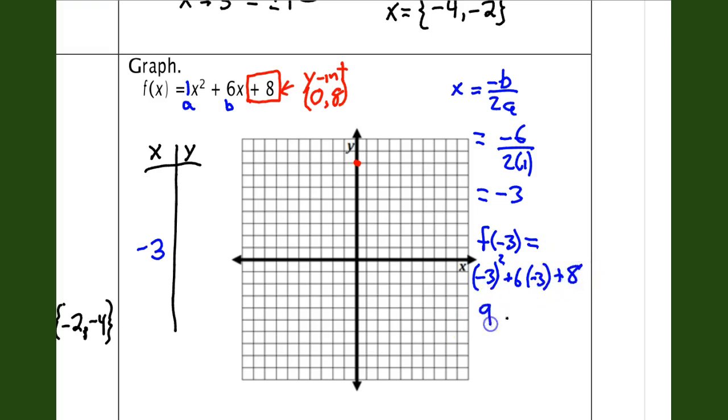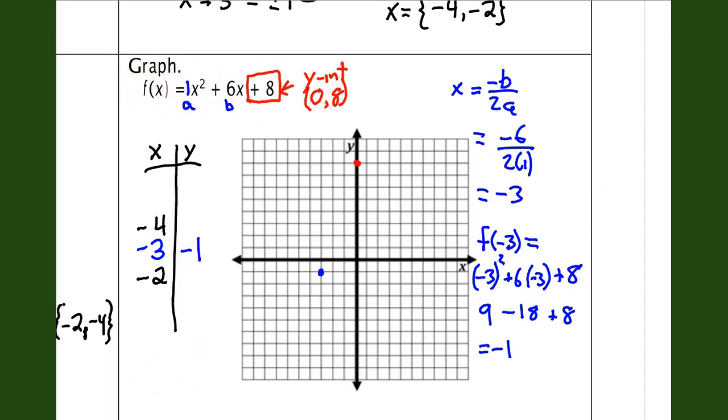So that's 9 minus 18 plus 8, which gives us, looks like, negative 1. So my vertex is at negative 3 comma negative 1. So that's 1, 2, 3, down 1. And then the process would be to choose the next number that's smaller and the next number that's bigger and find out what they are when you evaluate them in the function.